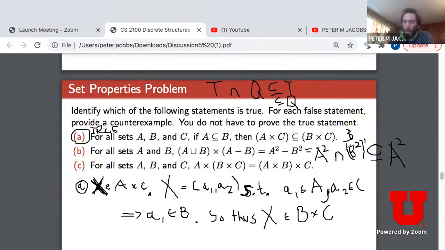So A squared intersection B squared complement is a subset of A squared, which means the right-hand side is a subset of A squared.